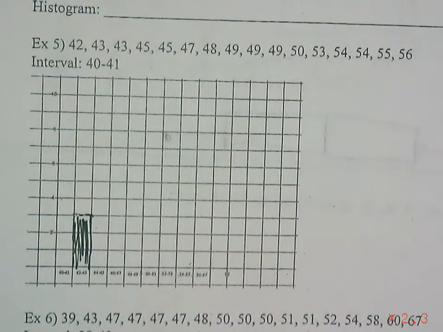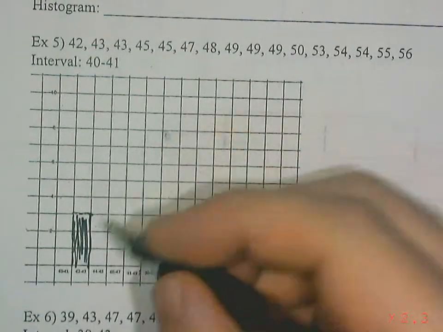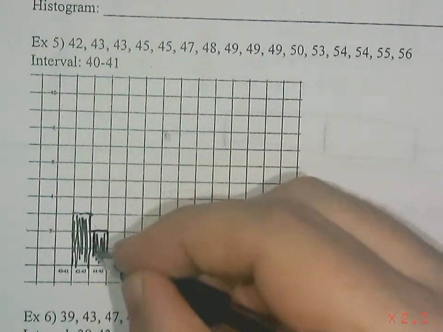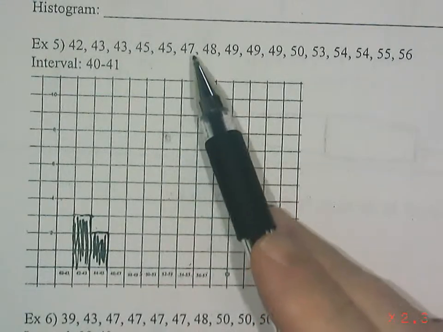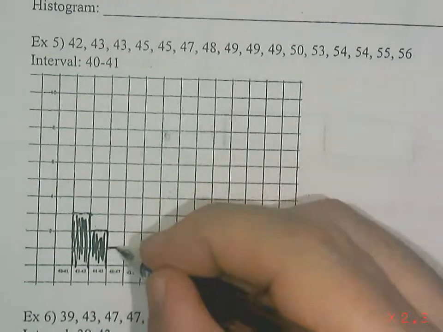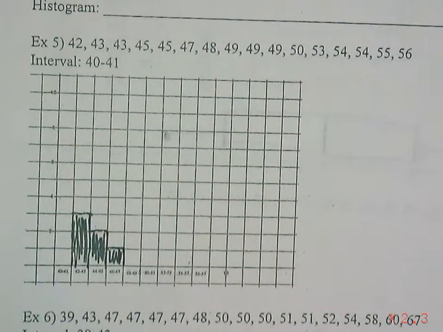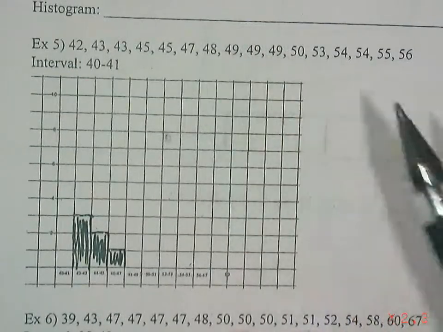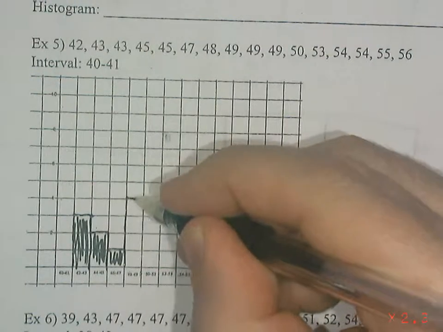in that interval. Okay. Then 44 to 45, there's no 44s, but there are 2 45s. So 2 in that interval. And then no 46, there's 1 47. So 1 in that interval. And then 48, 49, there are 4 of those altogether, 1 48 and 3 49s. So all the way up to 4 there.